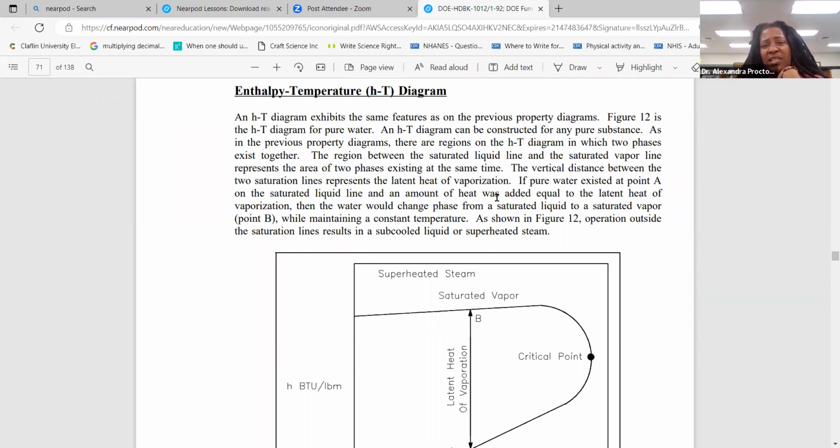An HT diagram can be constructed for any pure substance. As in the previous property diagrams, there are regions where two phases exist together. And so the region between the saturated liquid line and the saturated vapor line represents two phases existing at the same time. Okay, so vapor and liquid, or as we said, water and steam.